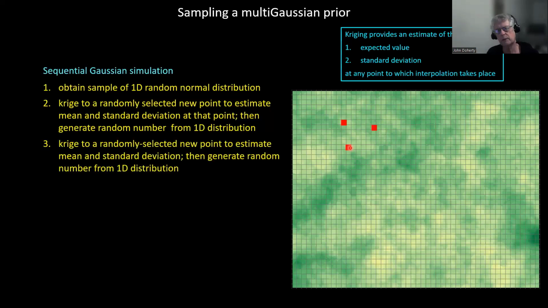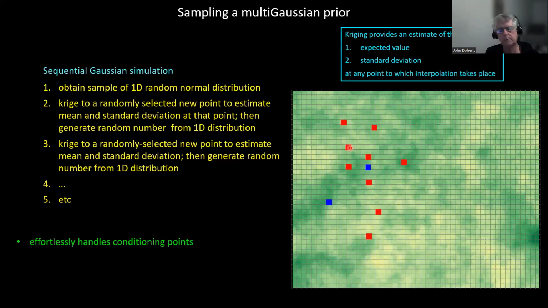I krig to a third point, same thing. And all the while I'm sampling a one-dimensional normal distribution for which kriging has given me the mean and the standard deviation at that point. I simply sample that. And it goes on and on and on, randomly selecting points, using kriging to get the mean and standard deviation, and generating a one-dimensional random number. And if there are points that I know, that's easily incorporated into the process.